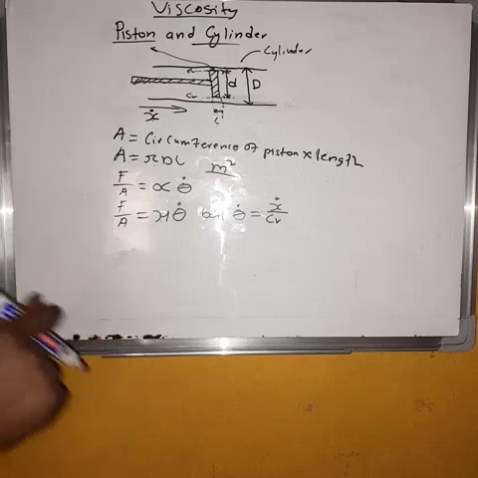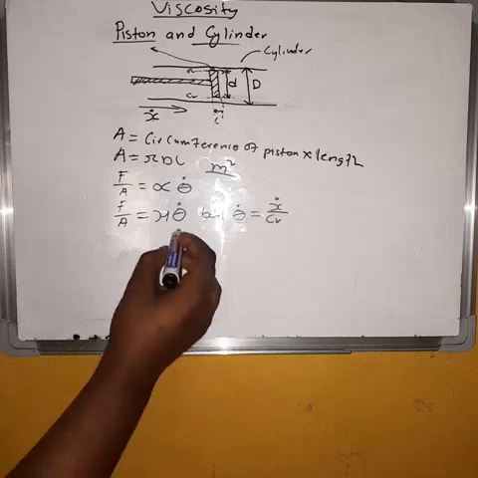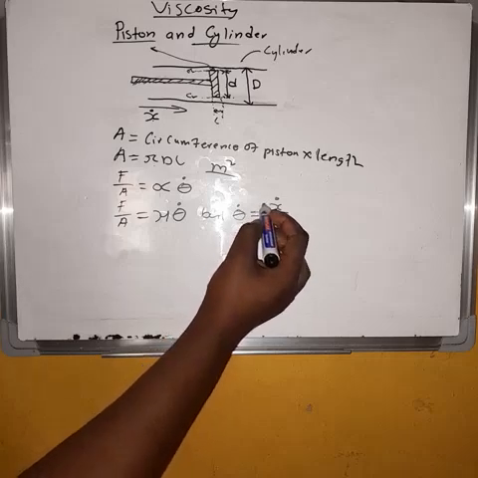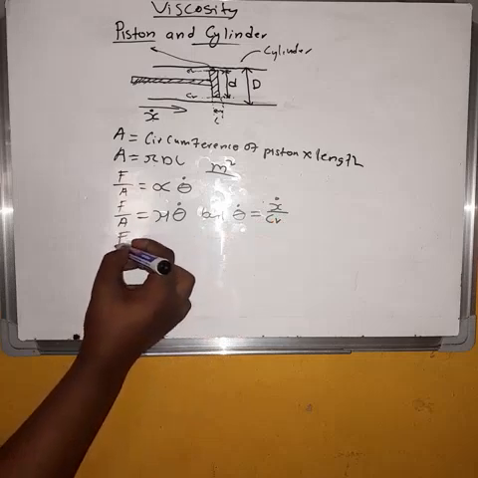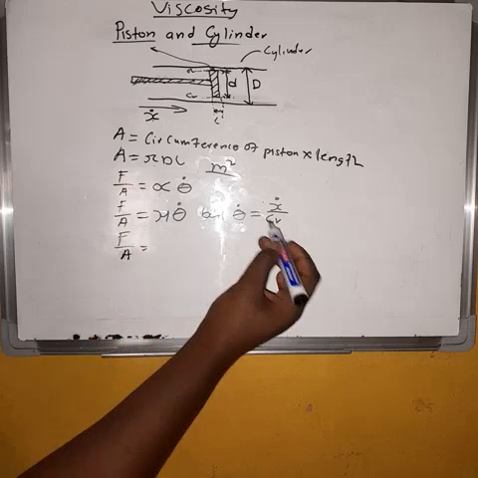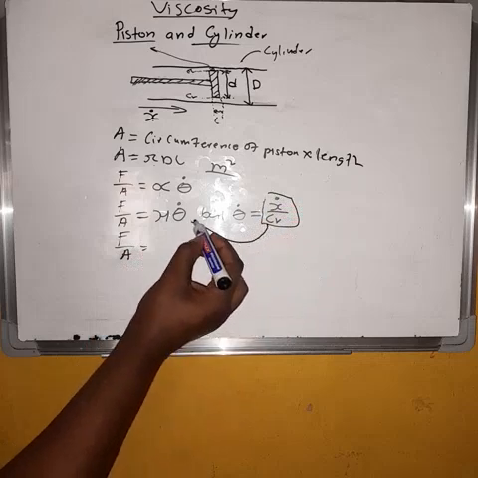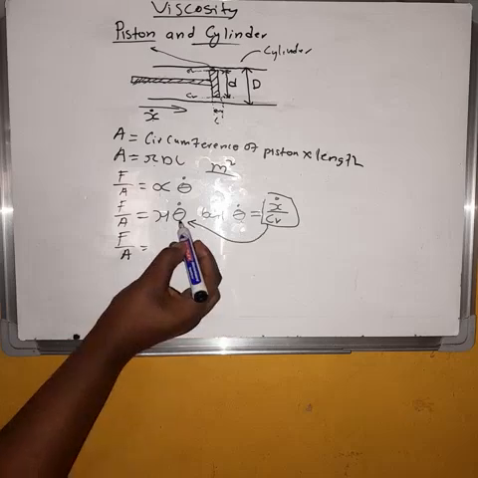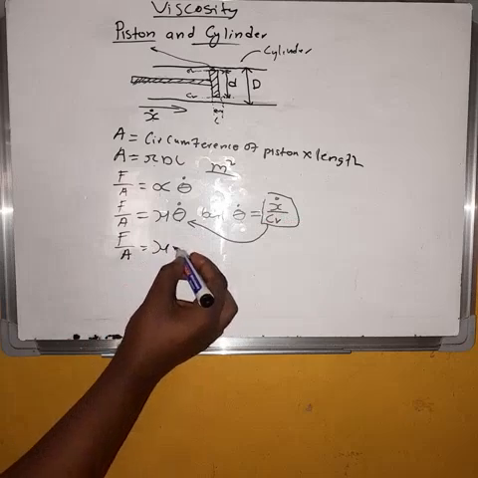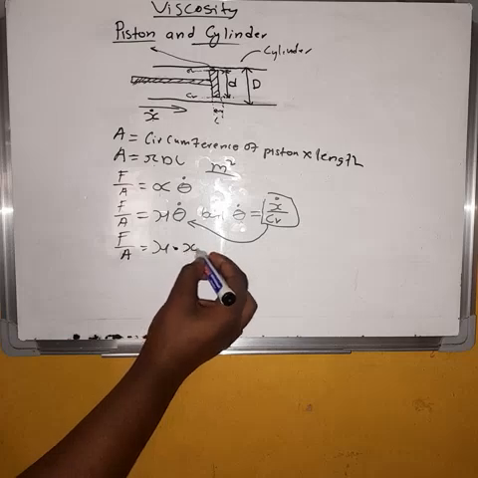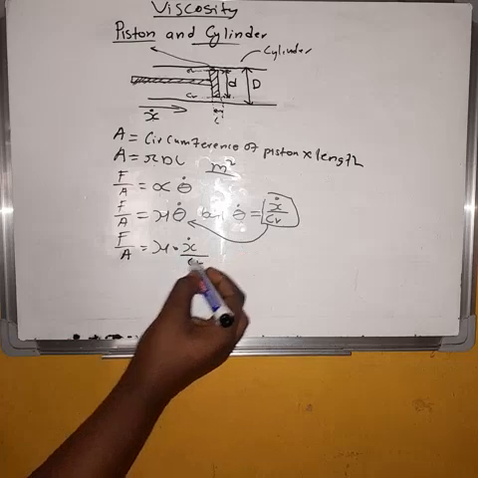So mathematically, if we substitute now, force over area, substitute the rate of shear strain here, will have mu multiplied by velocity divided by clearance.